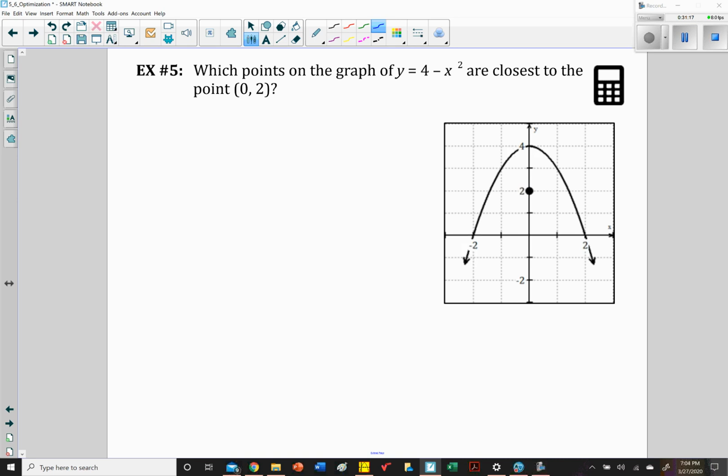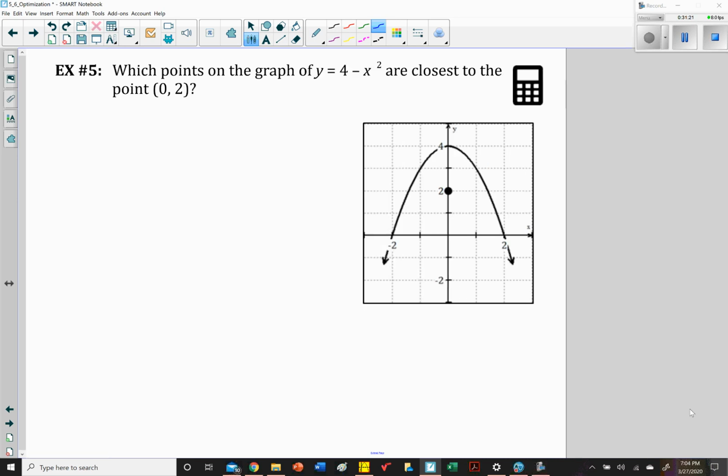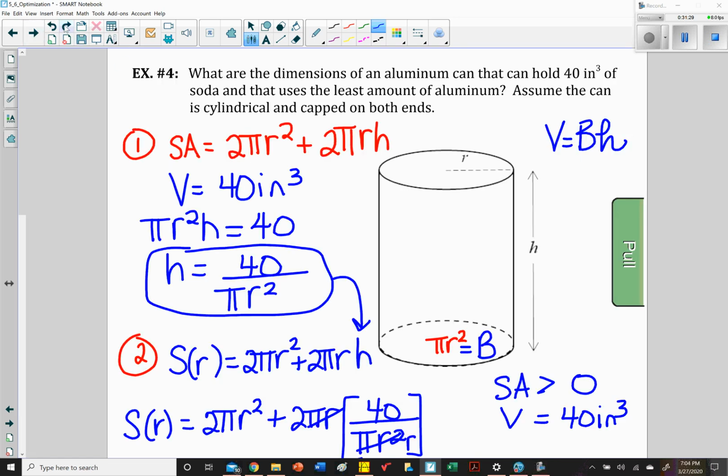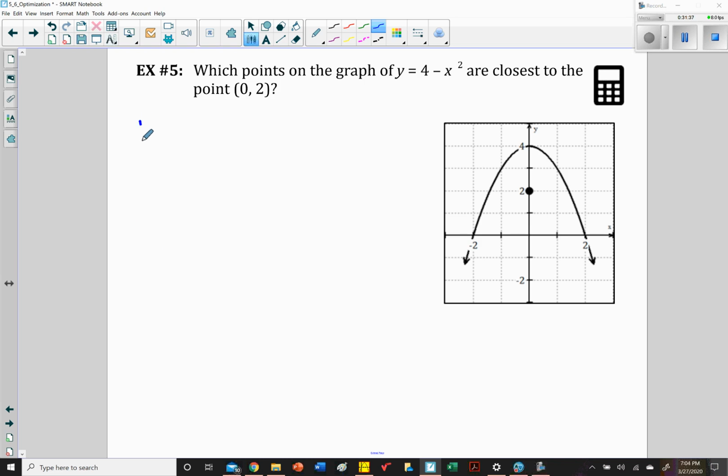Okay, and by the distance formula, whoop, I don't know what happened there. By the distance formula, what happened? Not going anywhere.